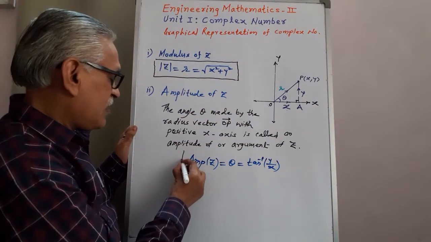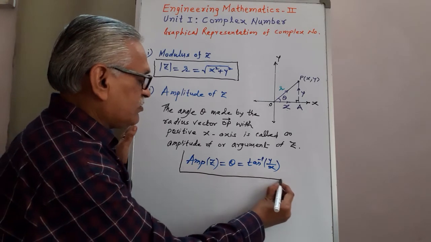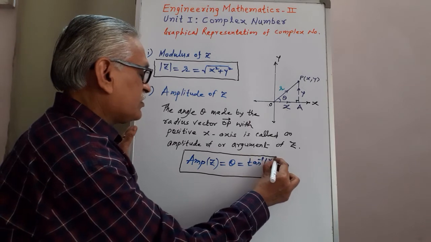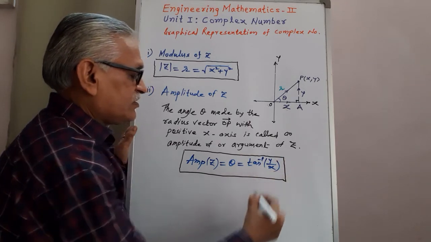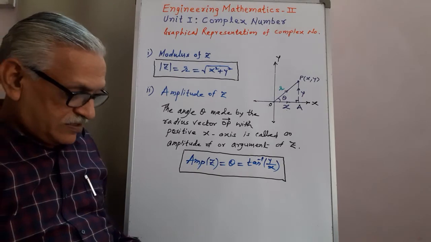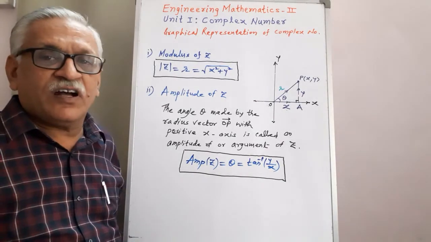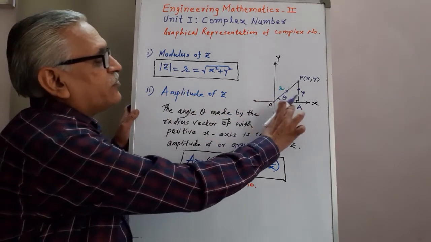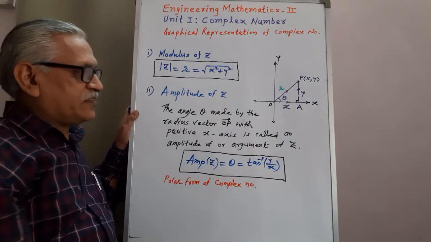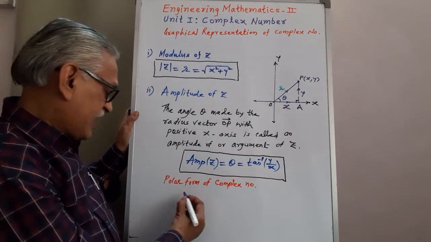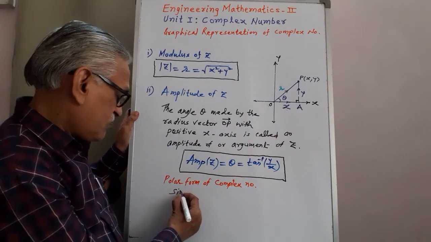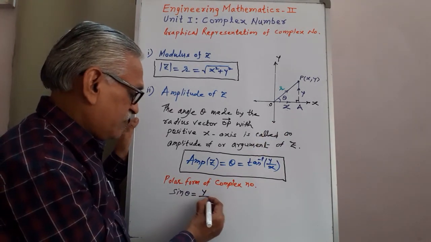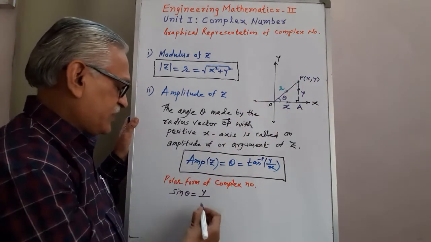And the second one, amplitude of z is equal to theta, and that value is tan inverse of y by x. Okay. Then we try to see the polar form, that is, with the angle made by that radius vector with the positive x-axis. From the figure we have sin theta is equal to front side, that is y, divided by the hypotenuse r.